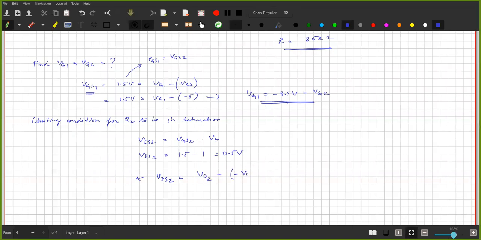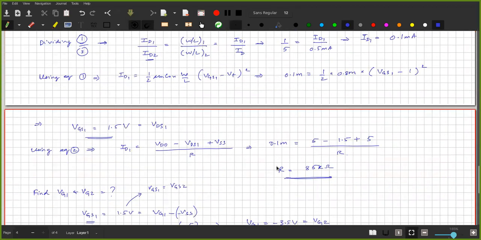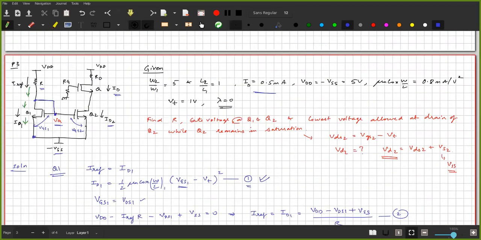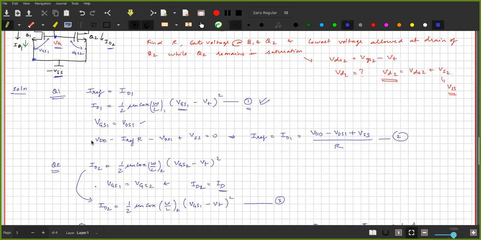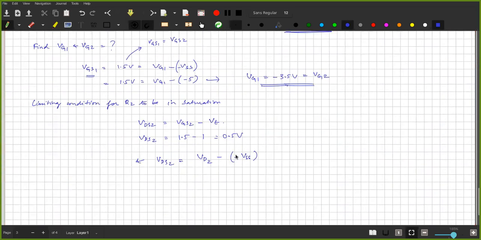and VDS2 is VD2 minus VS, which is minus of VSS. Again, look at the diagram. Instead of ground, you have minus VSS. So it is minus of minus VSS. Substitute all the values: 0.5 equals VD2 minus of minus 5. So from this VD2 is minus 4.5.